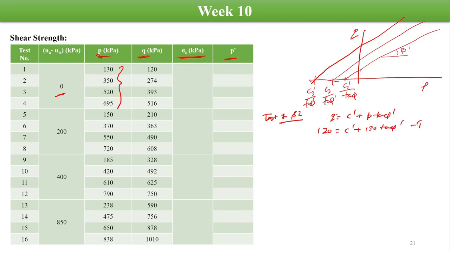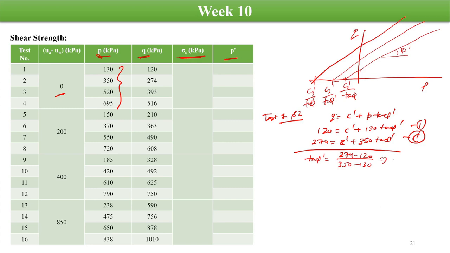Then the second equation will be 274 is equal to C dash plus 350 tan phi dash. Now we'll solve both the equations to determine the value of phi dash. So tan phi dash will be nothing but 274 minus 120 upon 350 minus 130.